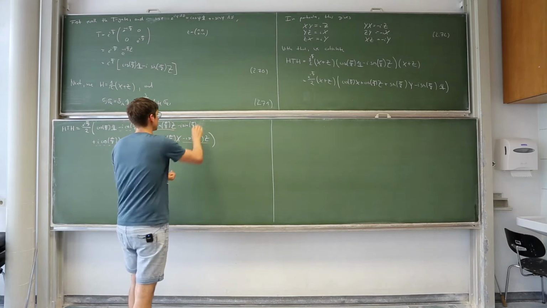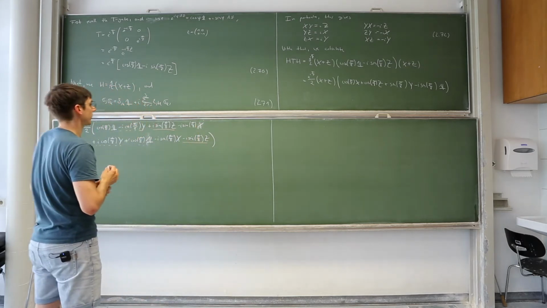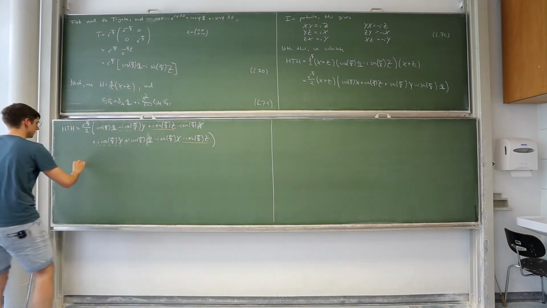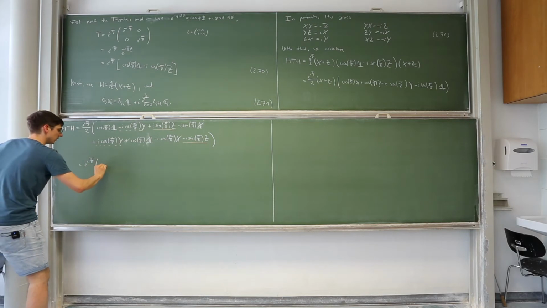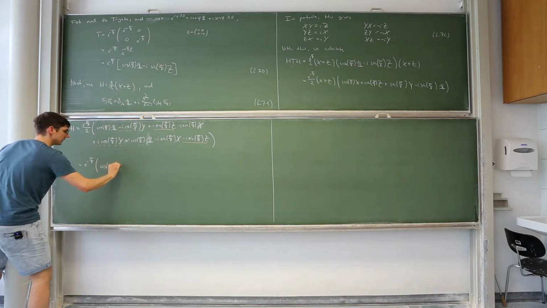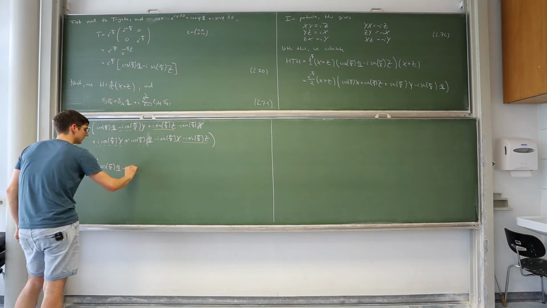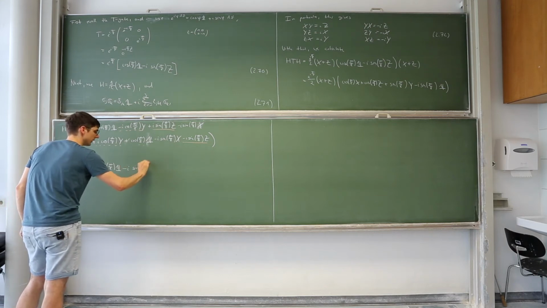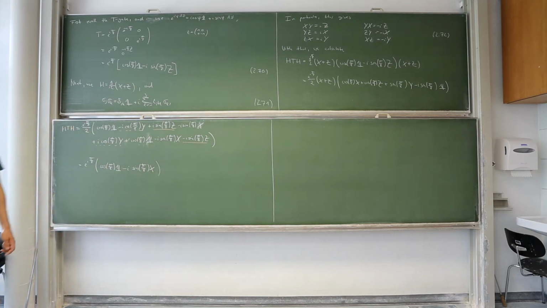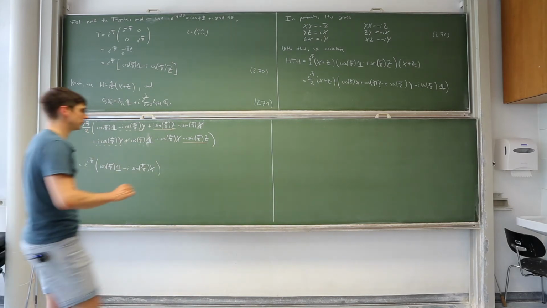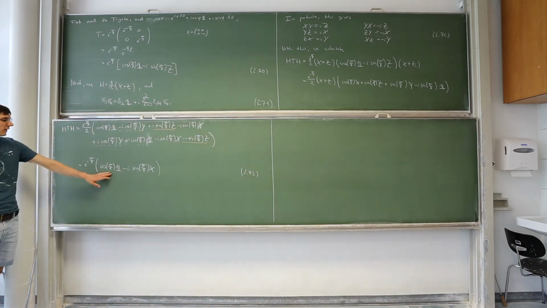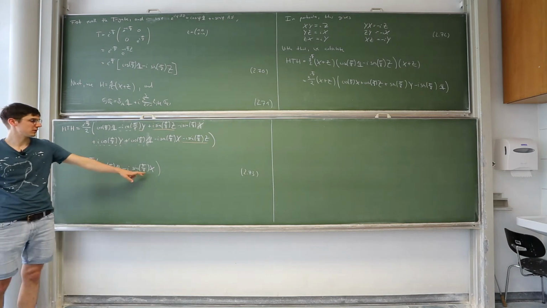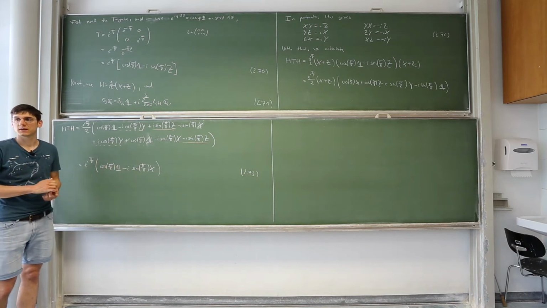This is x. And here this is also the same. So it gives e to the i pi over 8, and then we have cosine pi over 8 identity minus i sine pi over 8 x. And this is equation number 273. What you see already here is that this is nothing else but a rotation by pi over 8 about the x-axis.